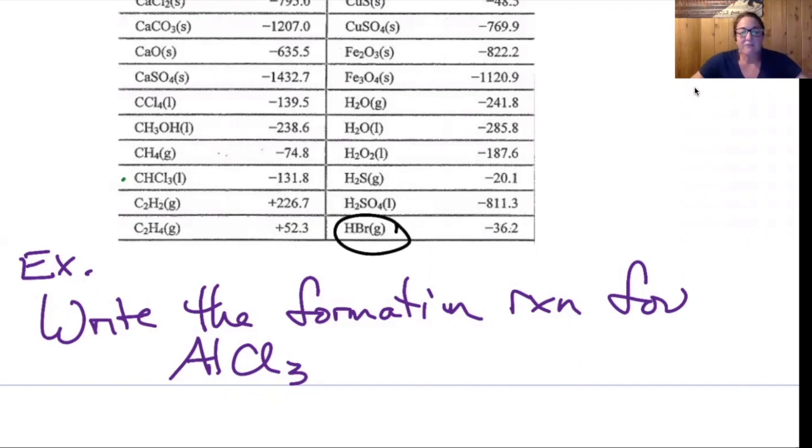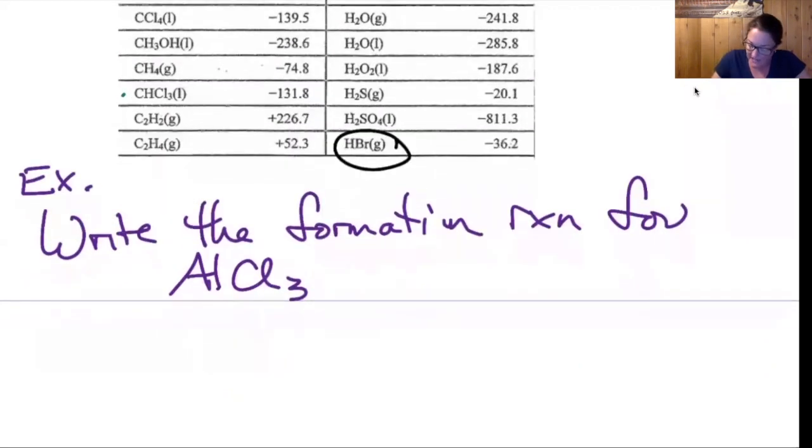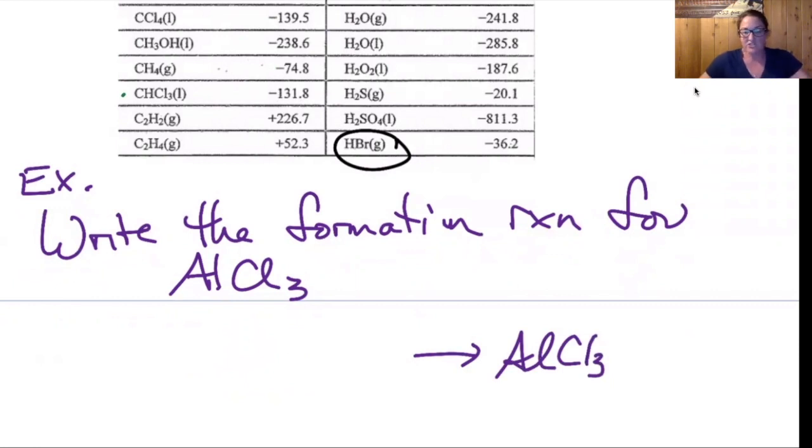Suppose I ask you to write the formation reaction for aluminum chloride. Once again, we're going to have AlCl3 as a product. AlCl3 doesn't happen to be an example that's on this chart, but most ionic compounds are solids under normal conditions. This is going to form from aluminum and chlorine. Is aluminum diatomic?